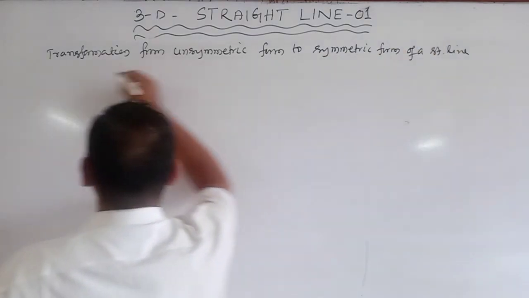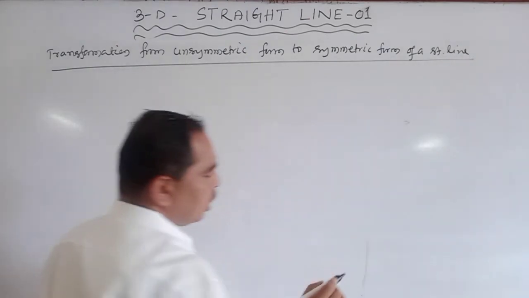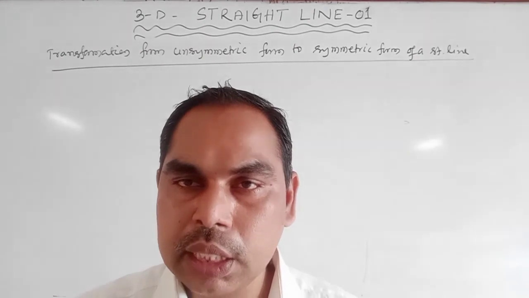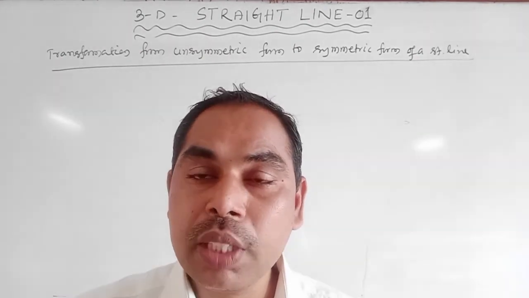Unsymmetric form of a straight line means the equations of two given planes. We have to reduce it to symmetric form. What is symmetric form?